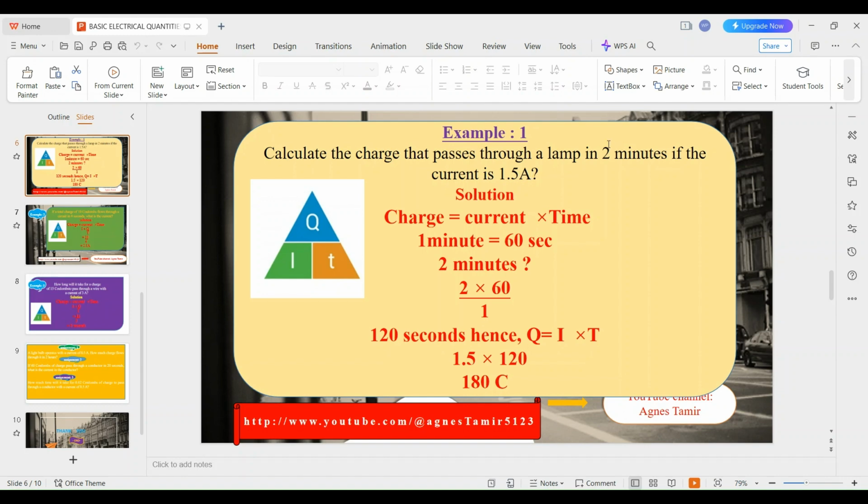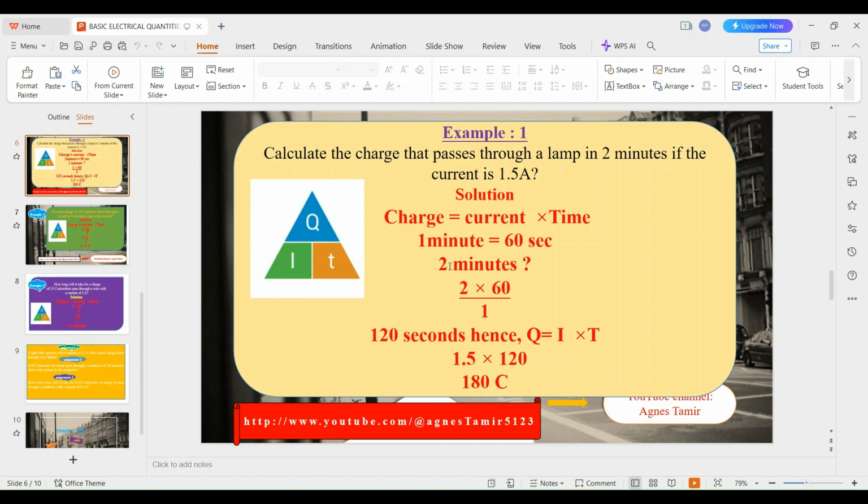We have seen that time is given in seconds and the question gives time in minutes. Therefore, the first thing we are supposed to do is convert minutes into seconds. We know that 1 minute is equivalent to 60 seconds.